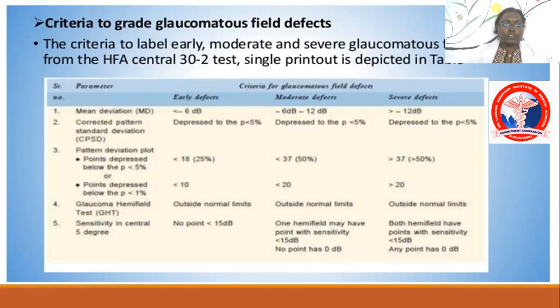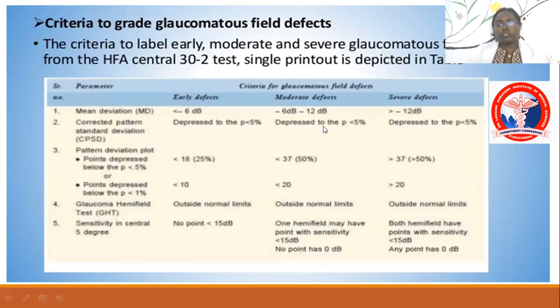Corrected pattern standard deviation: the corrected pattern depends upon age-related correction. In early defect, it is depressed to a p-value less than 5%.